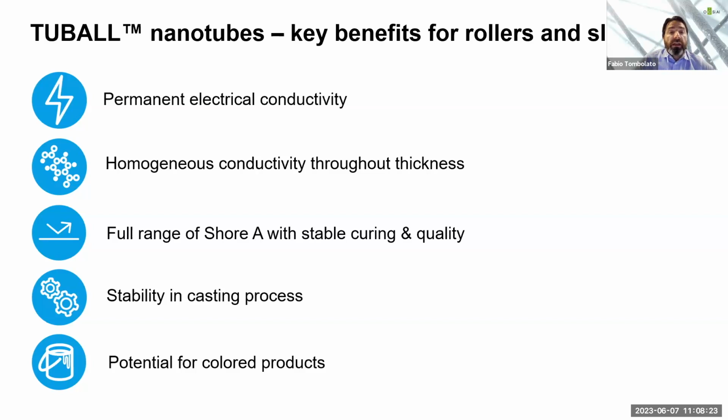Graphene nanotubes are namely inert from a chemical point of view, so they will not affect in a negative way the casting process, and they will not affect the curing process. This will let the possibility to achieve the full range in terms of hardness, and they will not have any negative effect on the quality of your products. Furthermore, it is possible to develop also colored products.